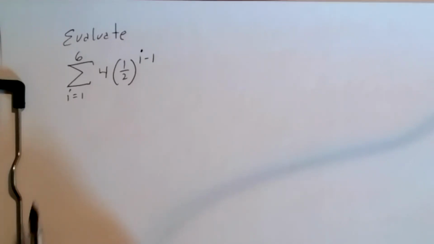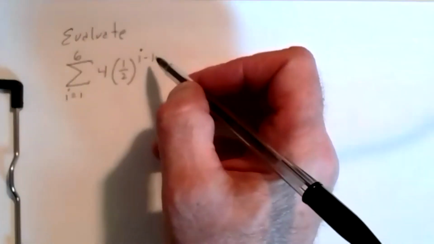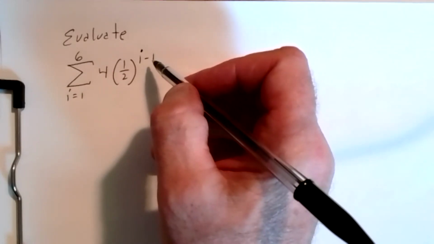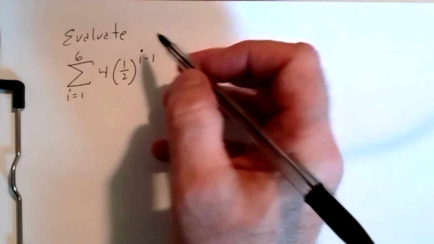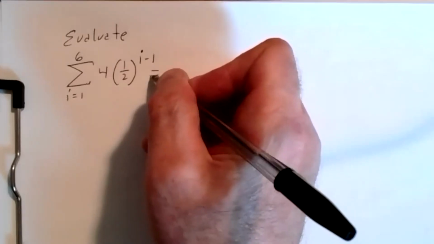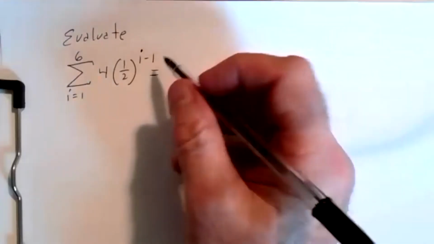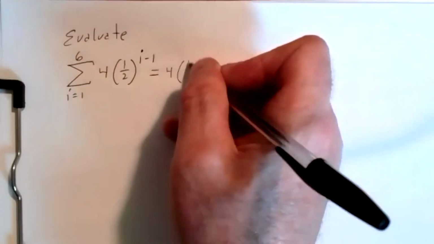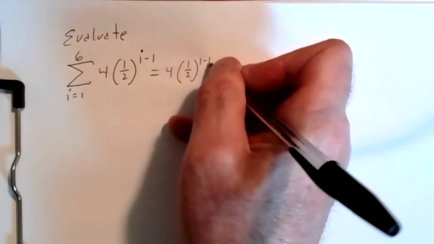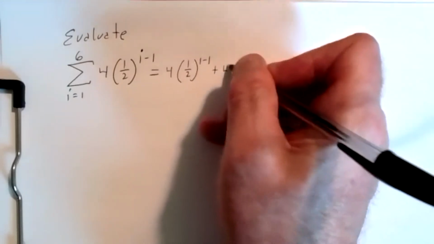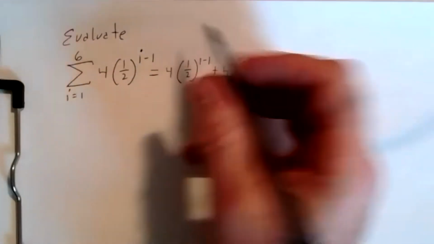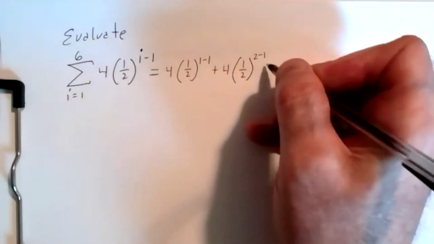Okay. All right, let's generate these terms here. If you let I start off at 1, our first term is going to be 4 times 1/2 raised to the 1 minus 1 power. Second term is going to be 4 times 1/2 raised to the I increments to 2, 2 minus 1 power.